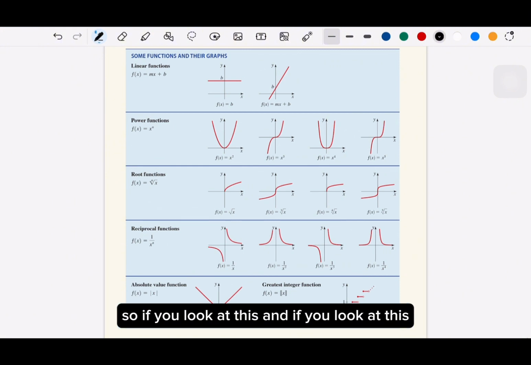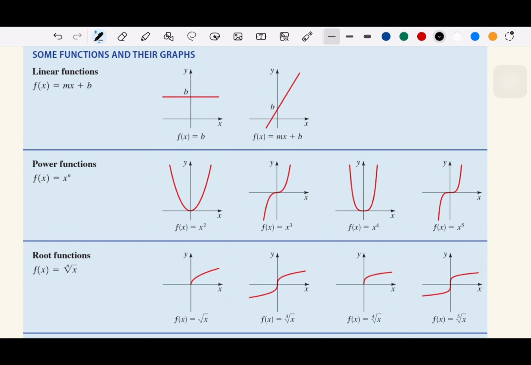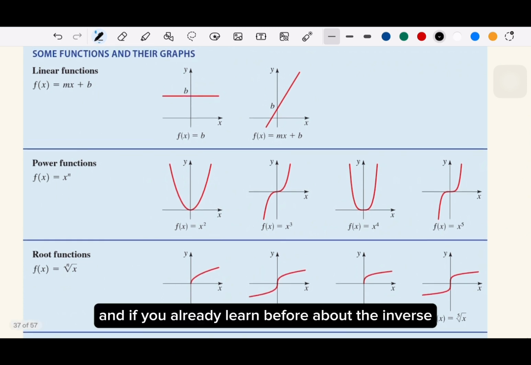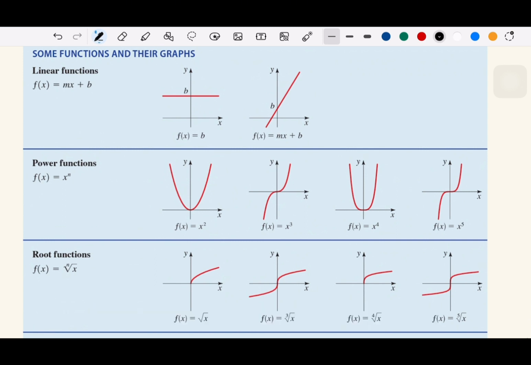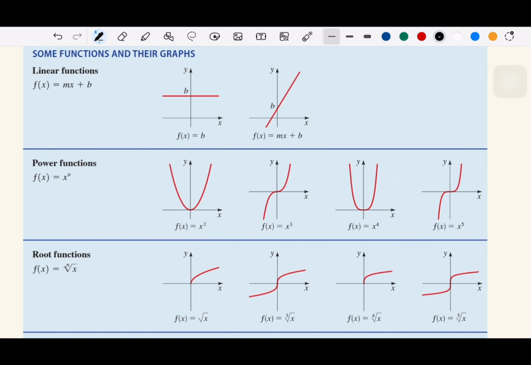If you look at this, and if you already learned before about the inverse, you can see the inverse between power and root. Notice that we missed something here and also here. Why? Because it can be negative. Root can be negative.